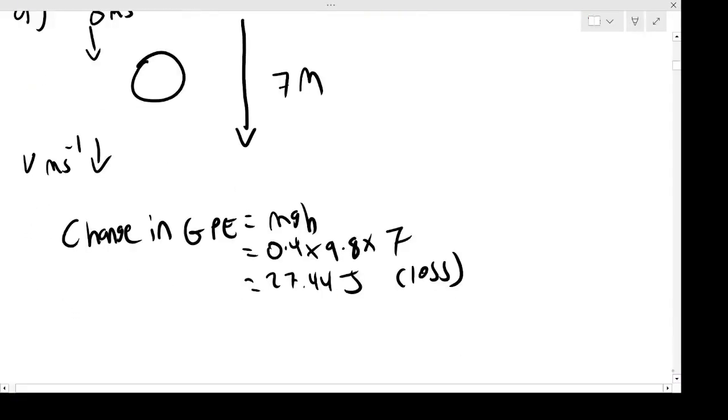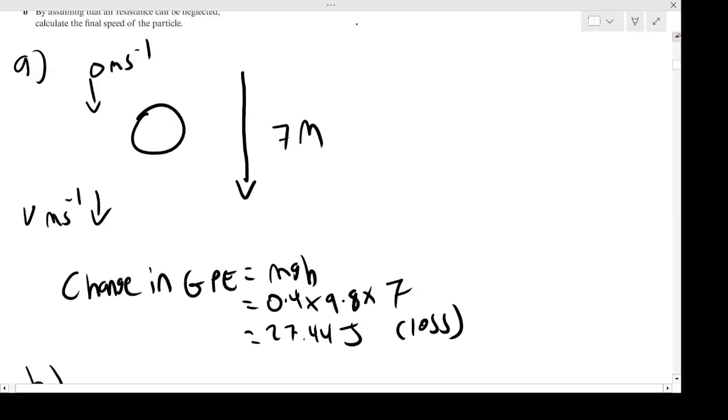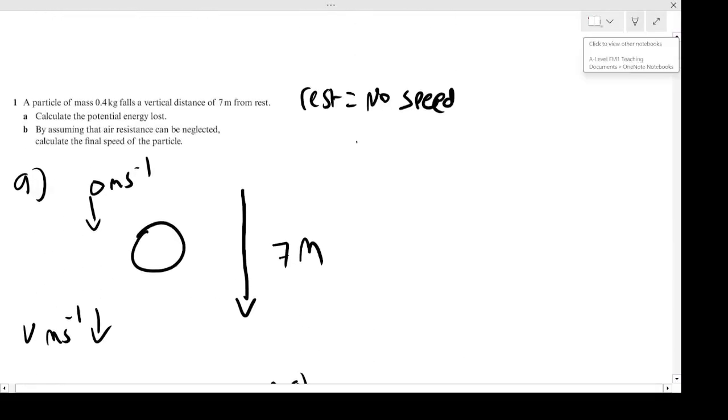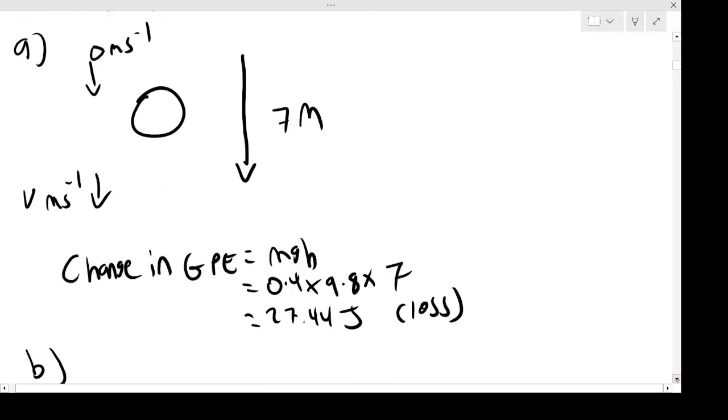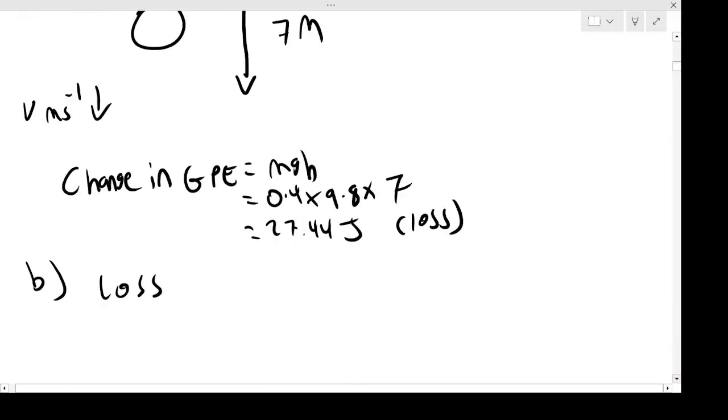And so what we'd expect then is that if we're losing this gravitational energy, we expect to make that up with gaining kinetic energy. So what that means is the loss in GPE has to then be the gain in kinetic energy.